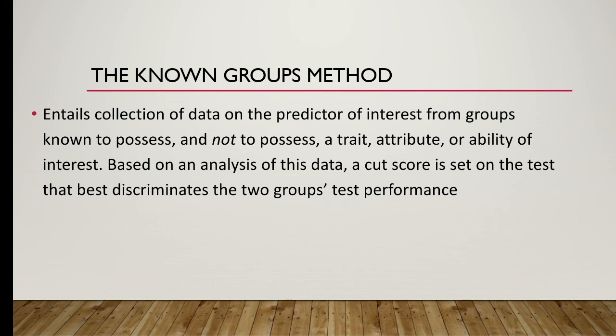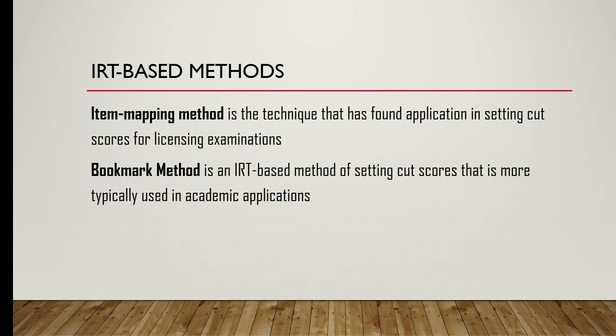The main problem with using known groups is that the determination of where to set the cutoff score is inherently affected by the composition of the contrasting group. No standard set of guidelines exists for choosing contrasting groups, which leads us to the other method, known as the IRT-based method, in the next slide.